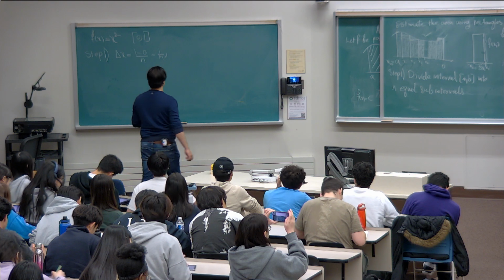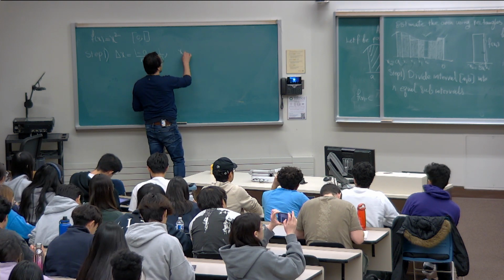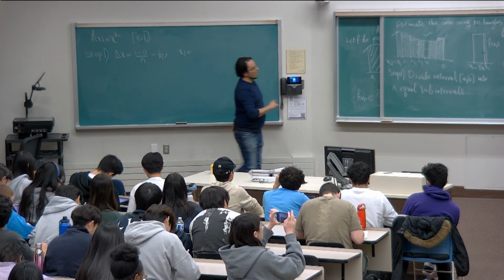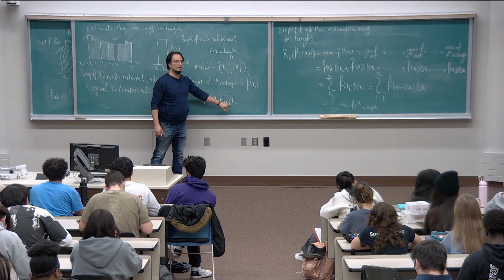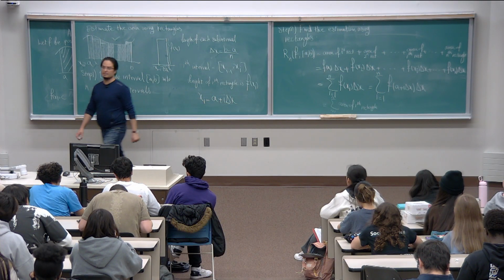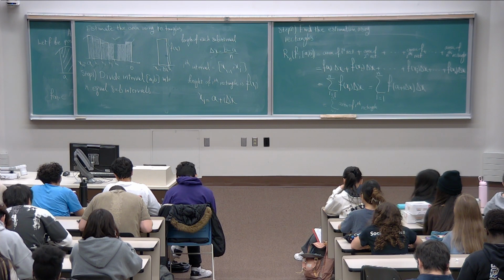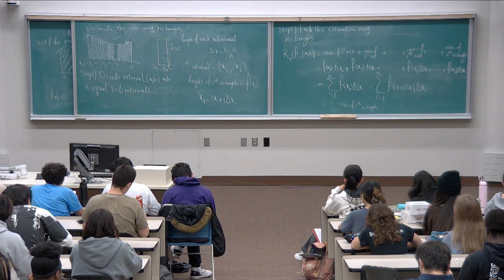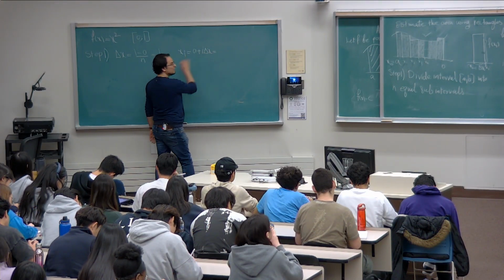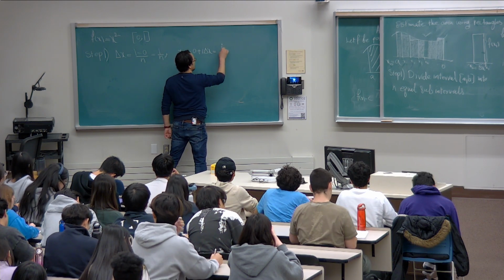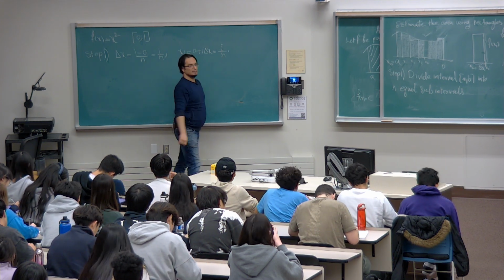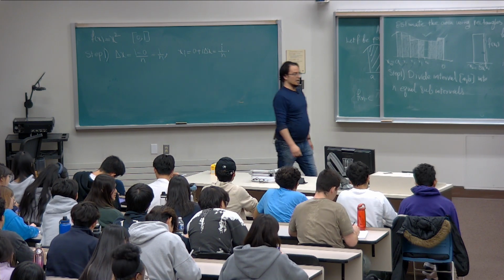The second thing, xi. For xi, I have a formula: A plus i delta x. What is A in this case? 0. 0 plus i times delta x. But delta x itself, I know, is 1 over n. So that means i times 1 over n. That is my xi.